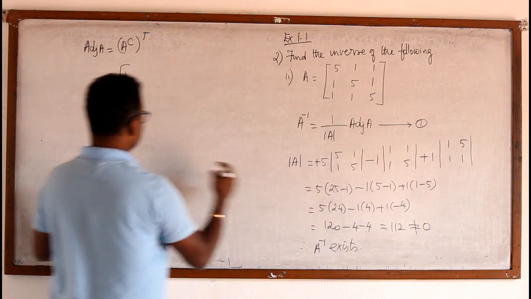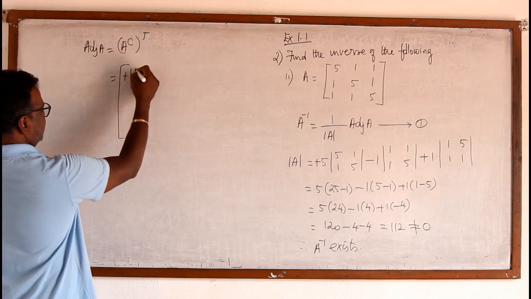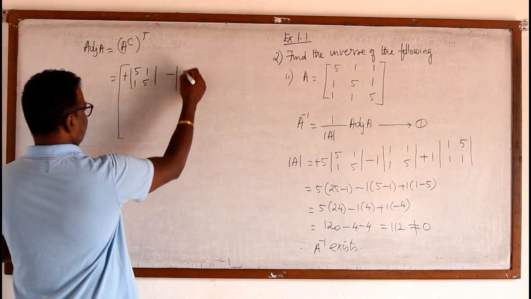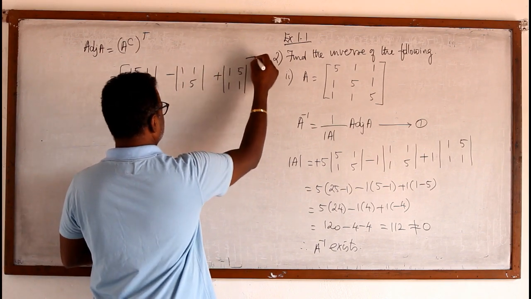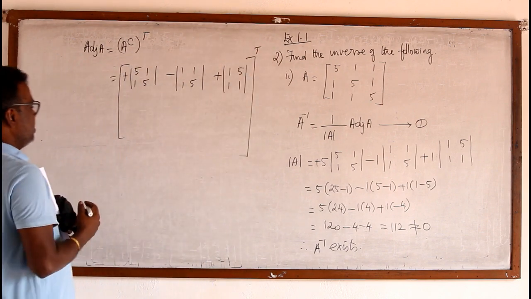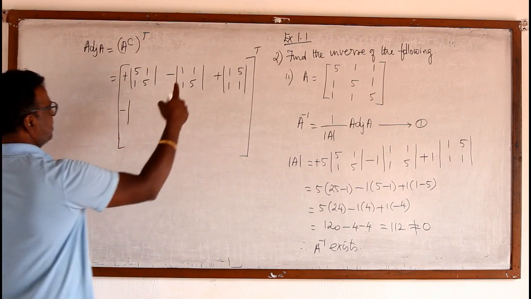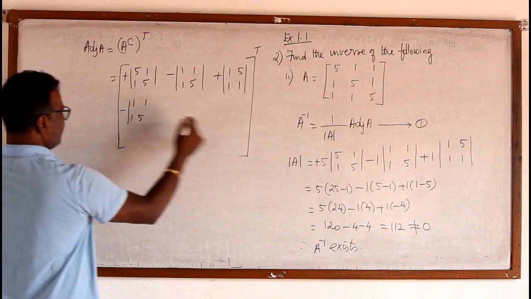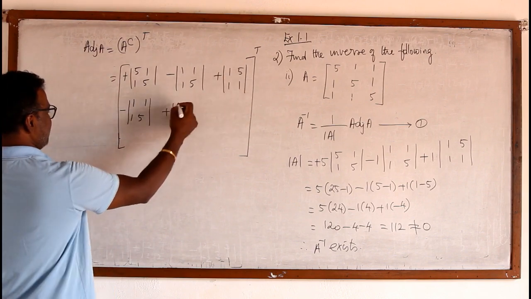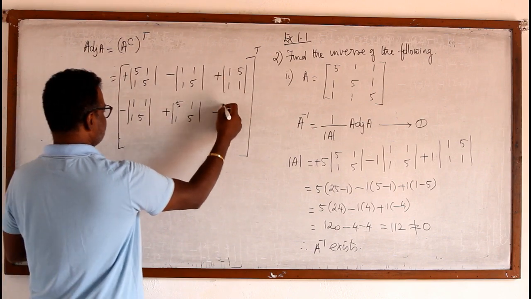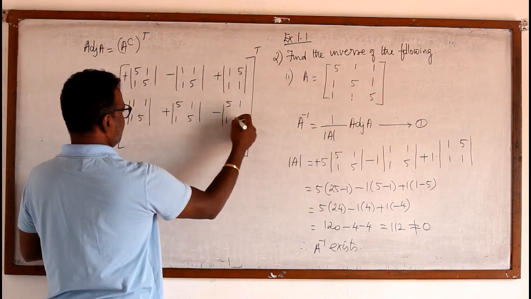So it's better you just copy the determinants here for the first row: 5 1 1 5, minus 1 1 1 5, plus 1 5 1 1. Remember the transpose. Just find the cofactors for the second row alone: minus 1 1 1 5, plus always the corner elements 5 1 1 5, minus for this one, omit this row and column, 5 1 1 1.